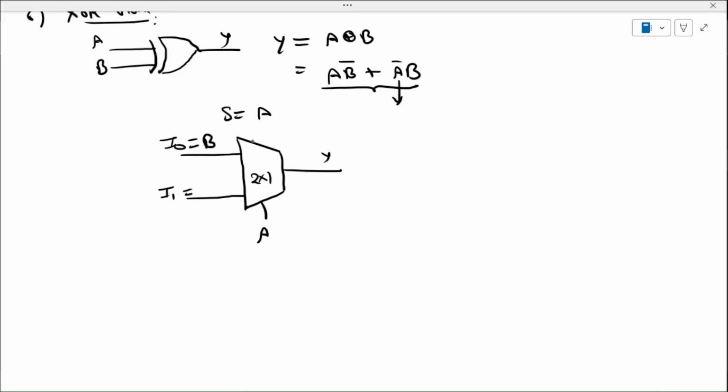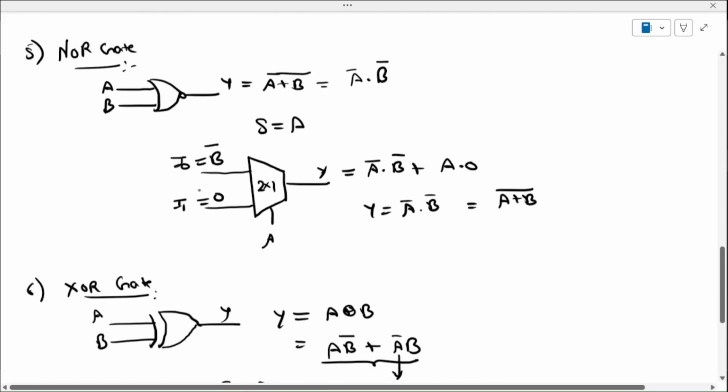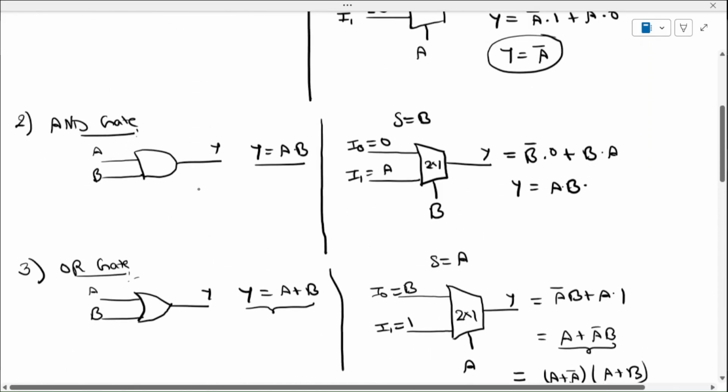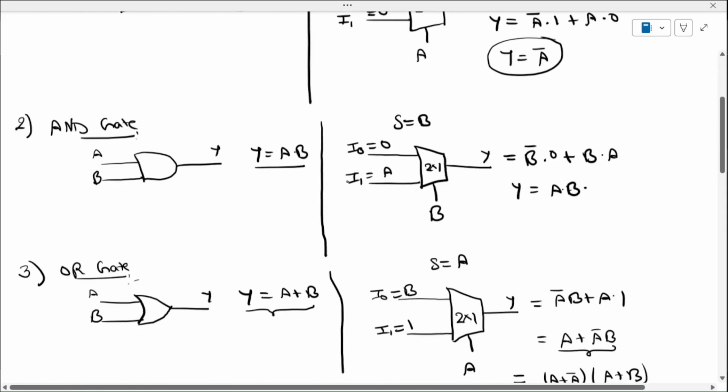So the I1 will become B bar. Equation will be A bar dot B plus A dot B bar, which is XOR gate only. So this B bar, we can implement by using this mux, the first one.